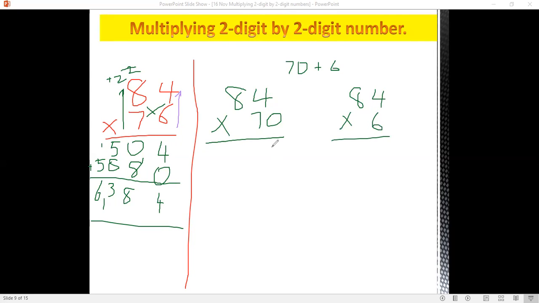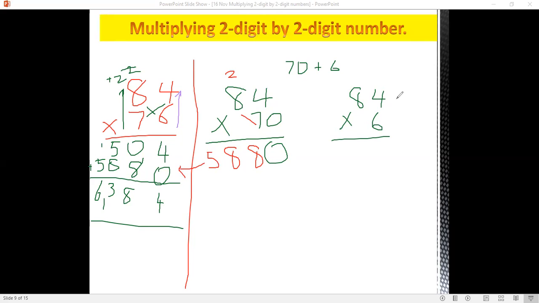Let's start here. Let's just bring down 0 because 84 times 0 is 0. Then multiply 7 times 4 is 28. Carry 2. 7 times 8 is 56, plus 2 is 58. Can you see that? They are the same.